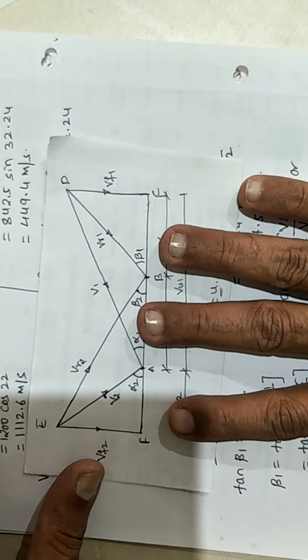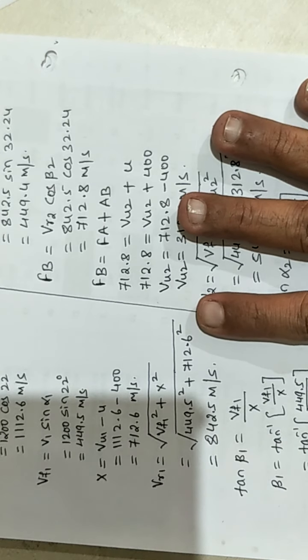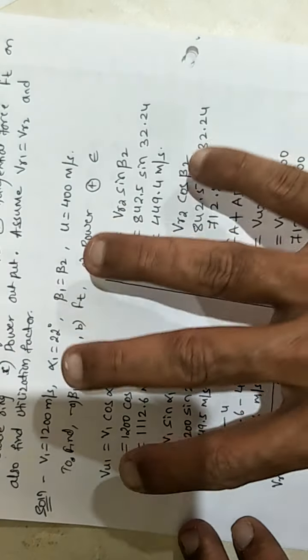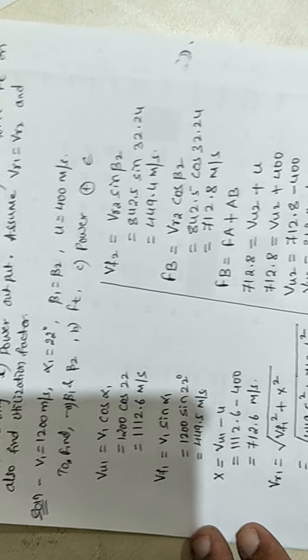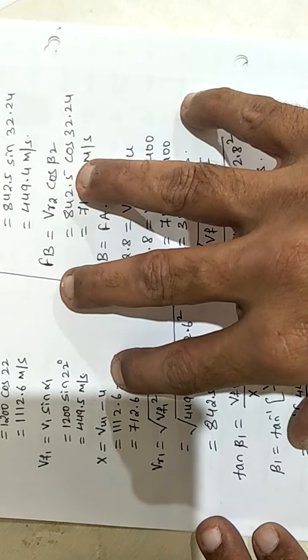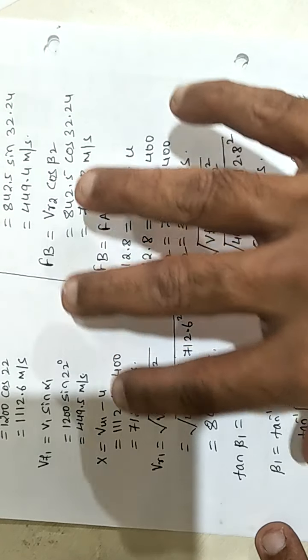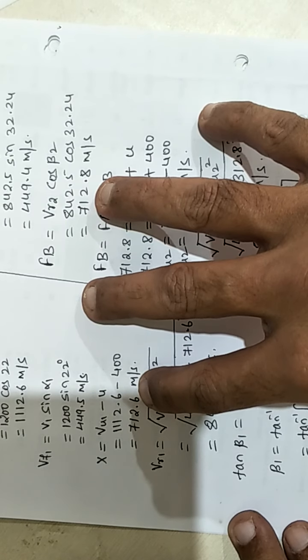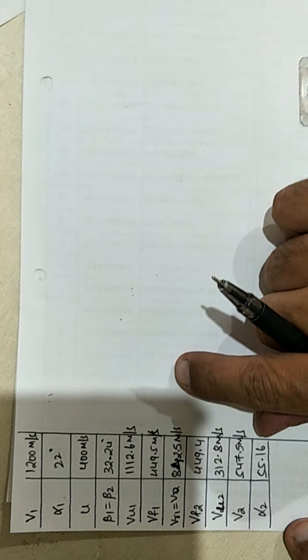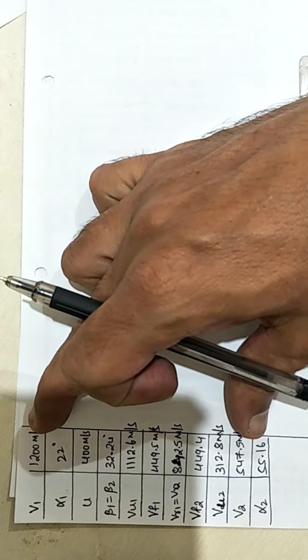Now I am going to draw the velocity triangle with these values which we have obtained, as you can observe carefully. As you can see here, I have listed out all the values which are required to complete the velocity triangle.